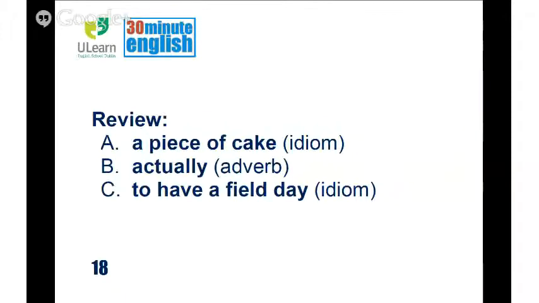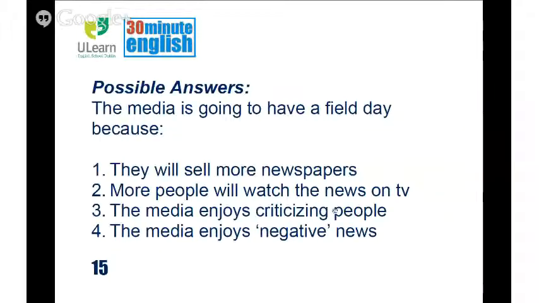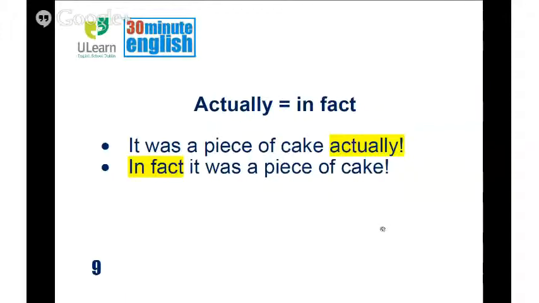It doesn't mean at this present time. Actually means in fact. The example, using the idiom we had, was, it was a piece of cake, actually. Or, in fact, it was a piece of cake. Very simple. Actually doesn't mean now, it means in fact.